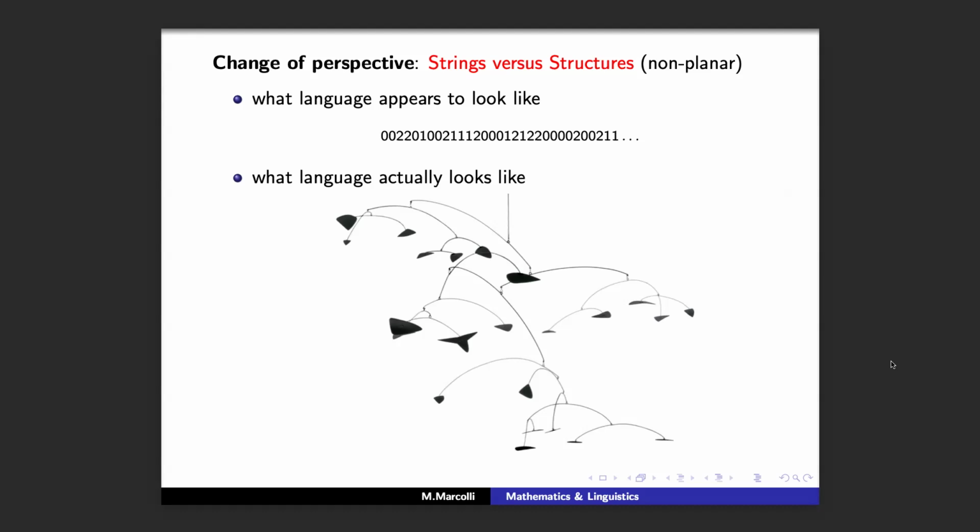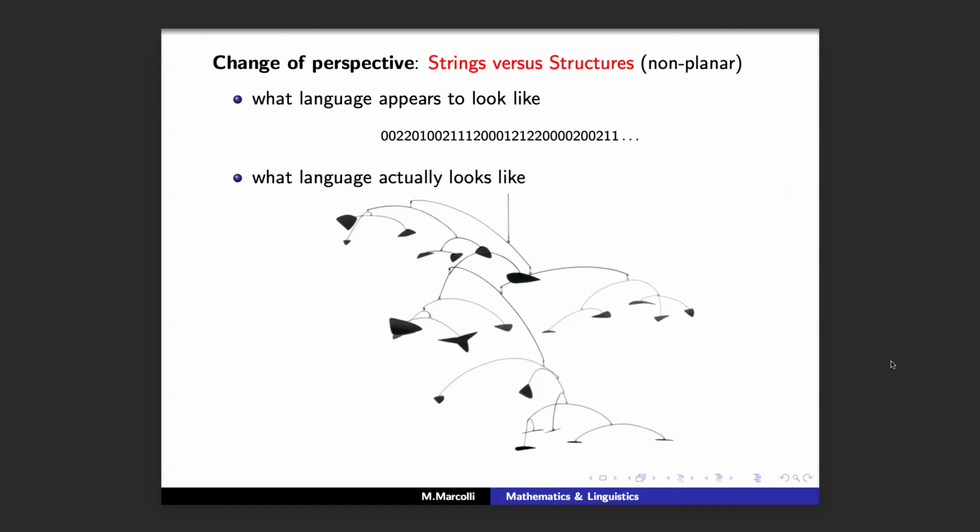So rather than sequences of digits or letters or words, you should think of language as something like these Calder mobiles that are freely floating, where the leaves have no fixed predetermined order.